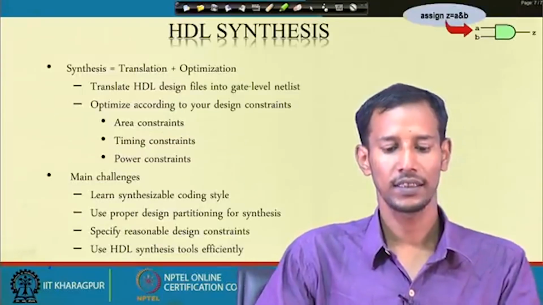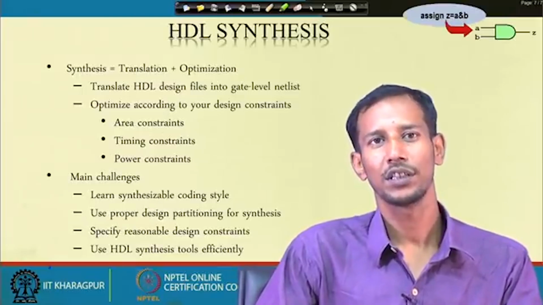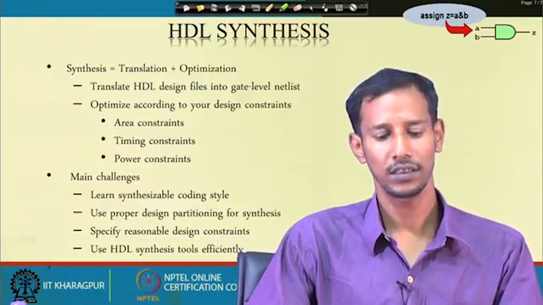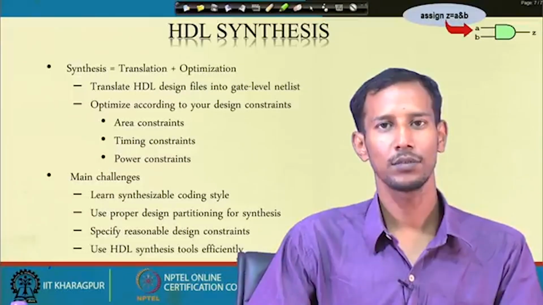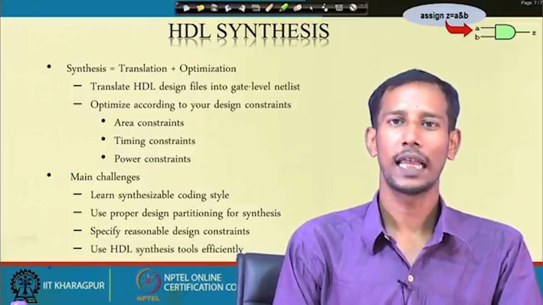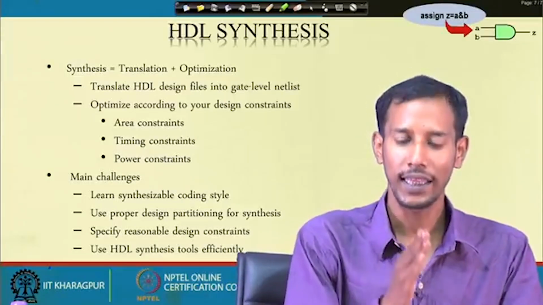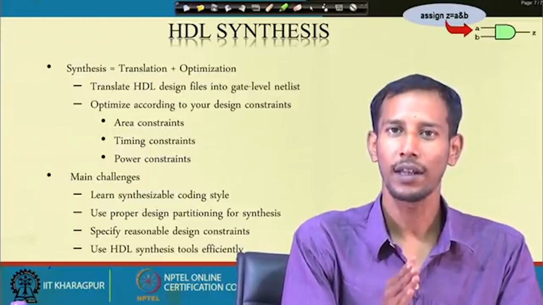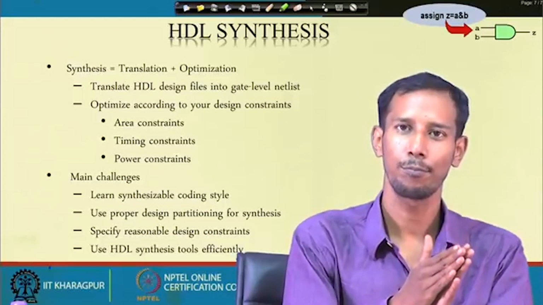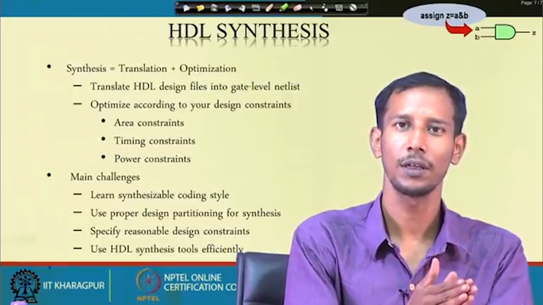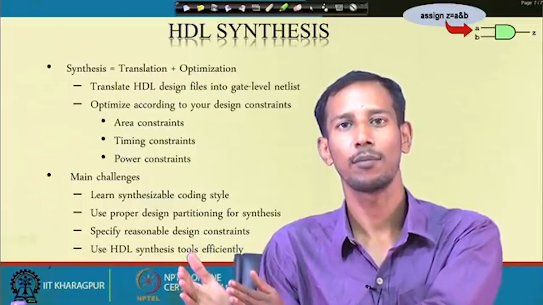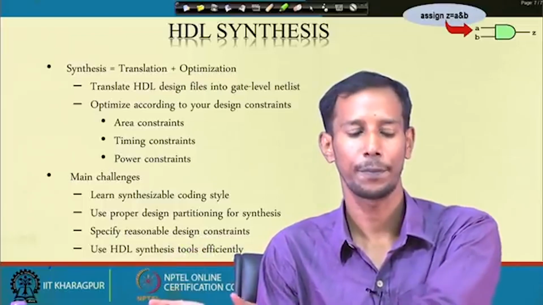And then once this functional simulation is done, we have to follow the HDL synthesis. HDL synthesis means I have described the design using a language, and now it has to be mapped to the corresponding logic gates. Okay.